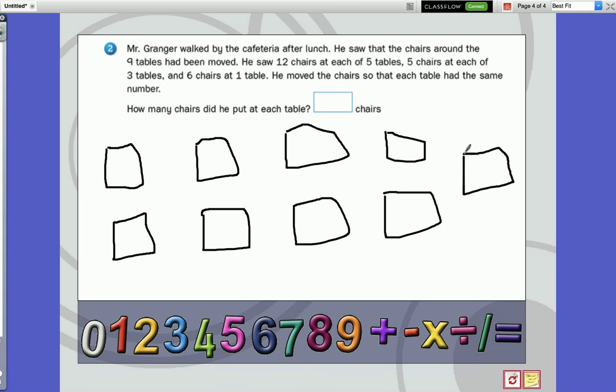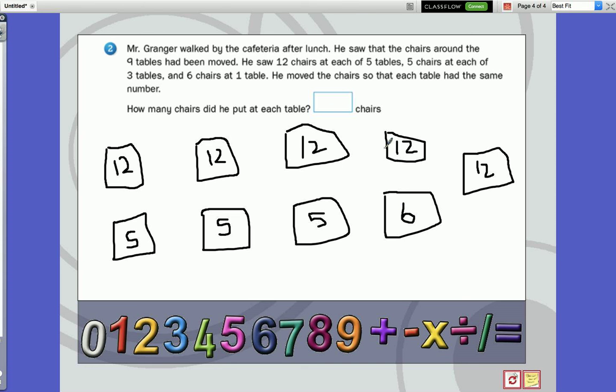Okay, so there's my 9 tables. There were 12 chairs at 5 different tables. So instead of drawing 12 dots around the outside, I'm just going to put the number in the center, kind of like I did with that first problem. So at 5 different tables, there were 12 chairs. There were 5 chairs at 3 tables. And then there were 6 chairs at the last table.